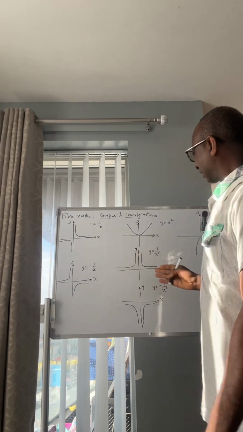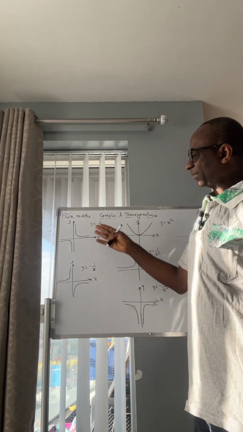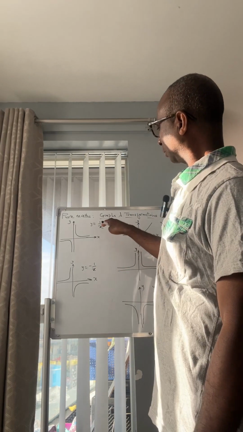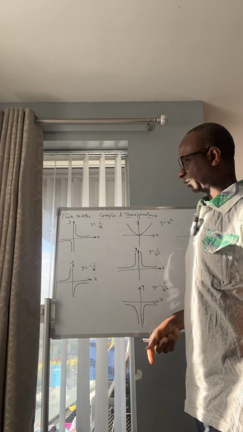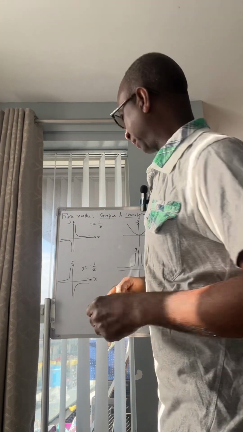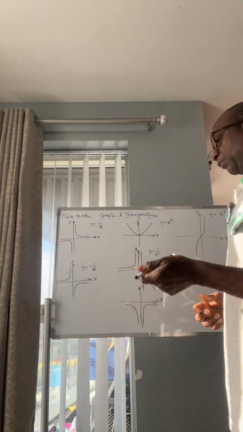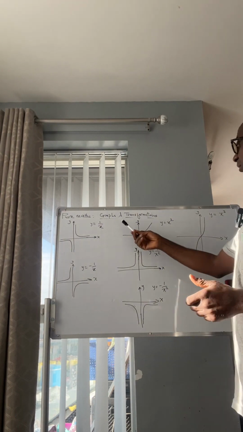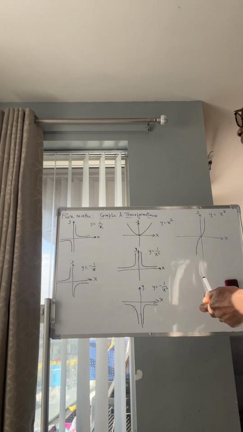Graphs like this, you should be able to identify them the moment you spot the function. It should come to your mind how the graph looks. It helps a lot in solving problems in graph transformations.